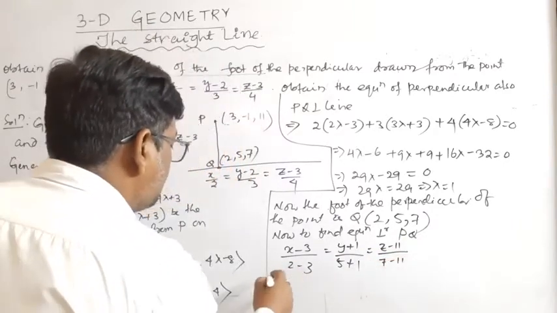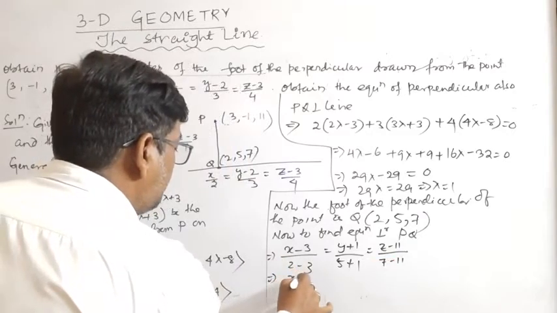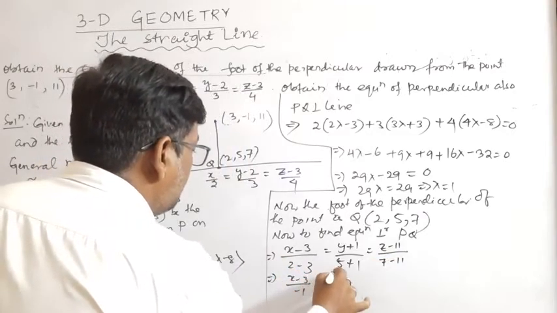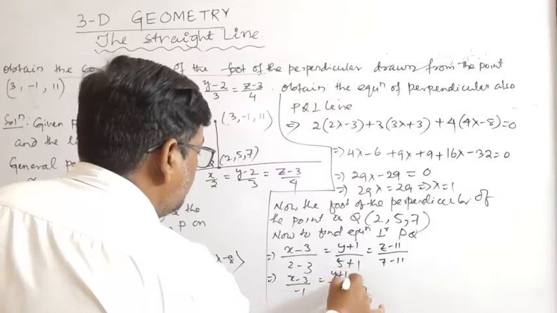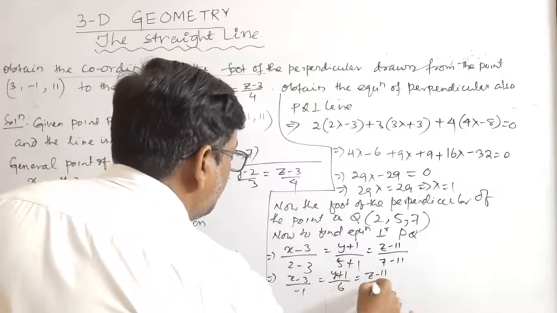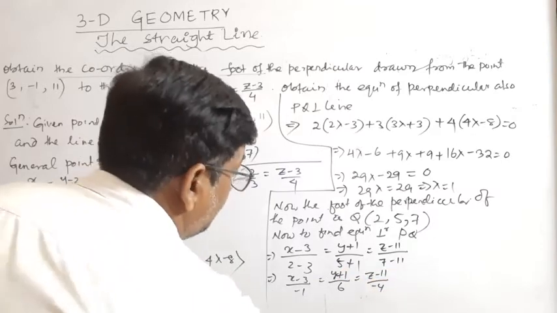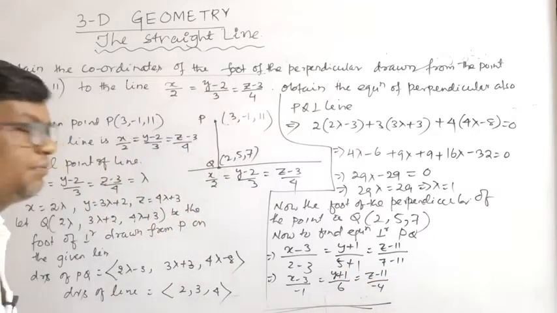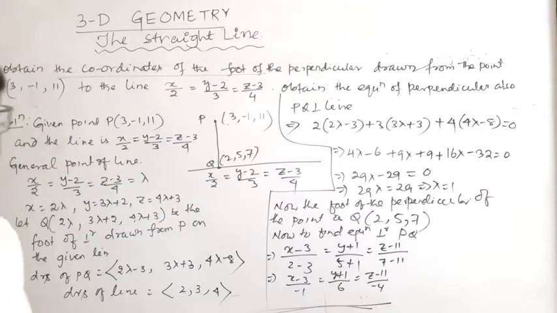So that is (x - 3)/(-1) = (y + 1)/6 = (z - 11)/(-4), which is the required equation of the perpendicular.